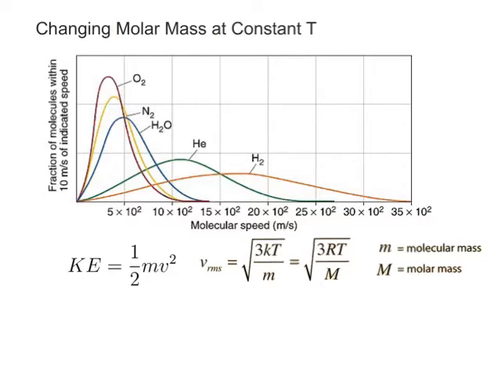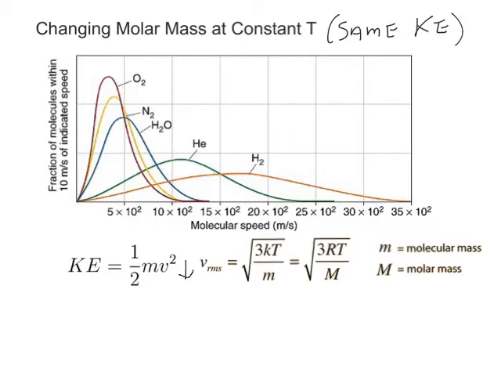So remember, if the mass increases at the same kinetic energy, because we're talking constant T, so same KE, so if we are upping the mass but keeping the kinetic energy the same, that means your velocity must decrease.